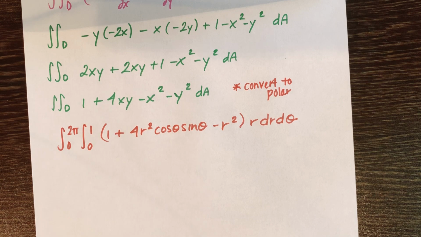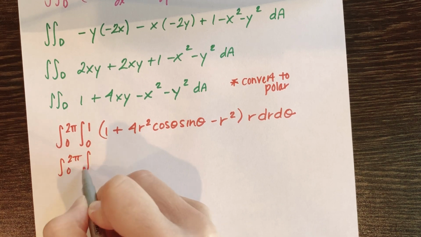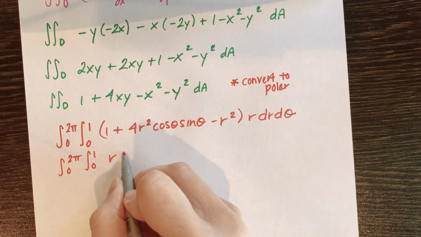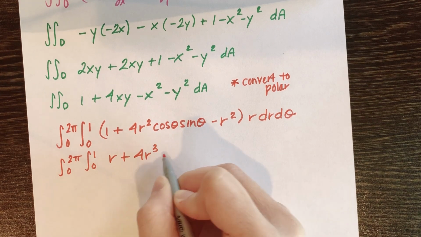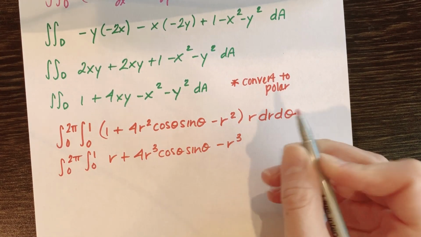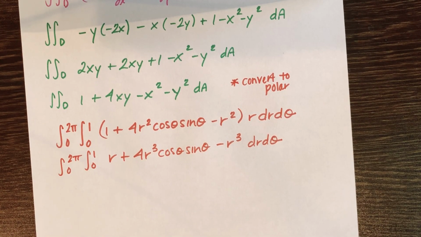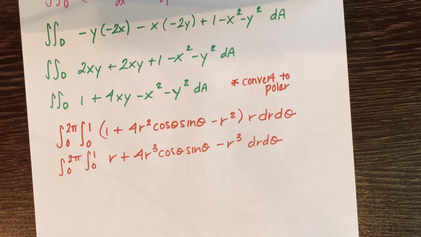So this is a pretty straightforward integral to solve. I would just distribute my r. So I'd have r plus 4r cubed cosine theta sine theta minus r cubed dr d theta. You're integrating with respect to r and plugging in your 1 and 0.